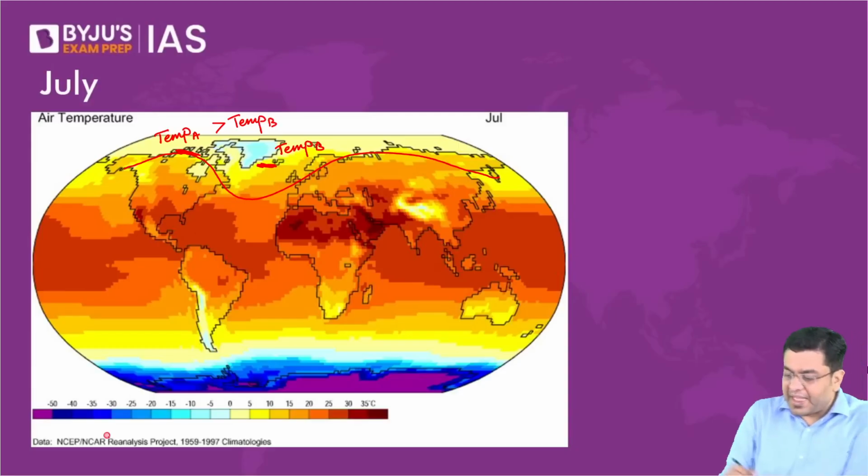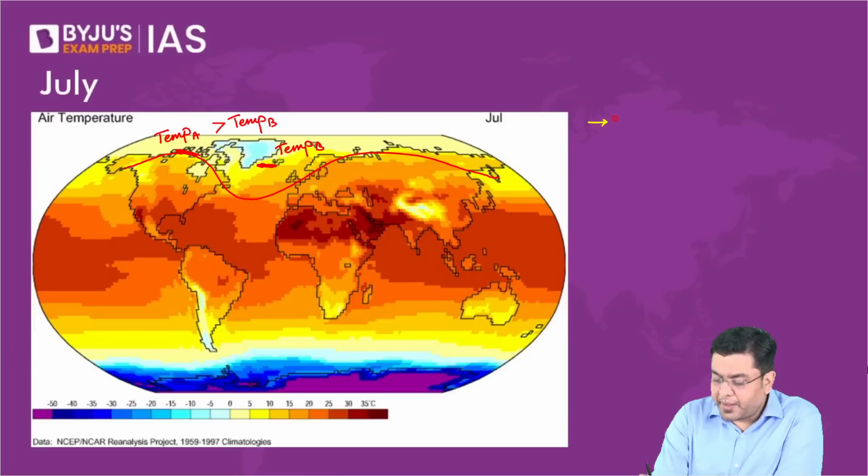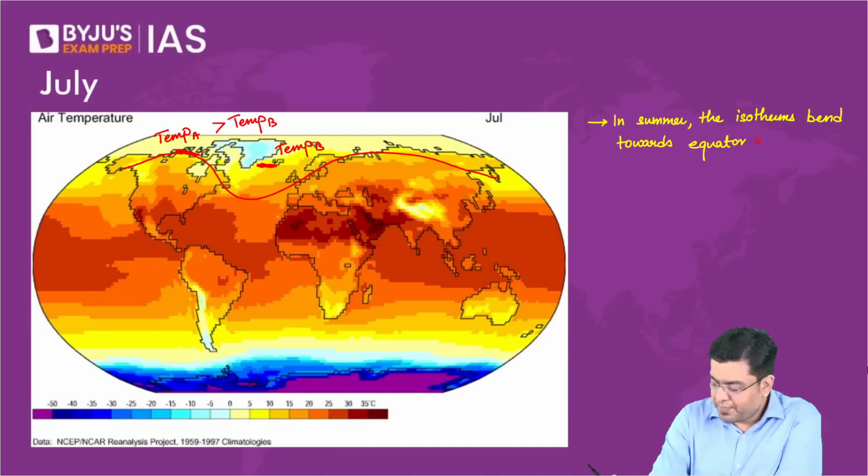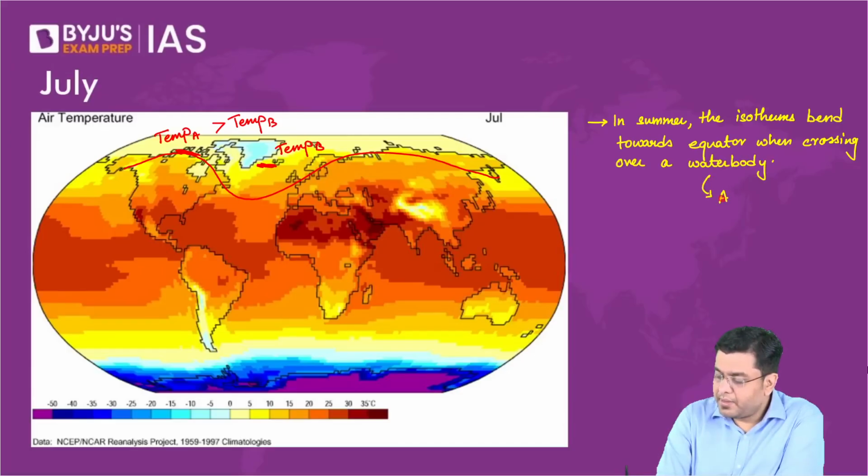So in this case, we can say that in summer, the isotherms bend towards the equator when crossing over a water body. Why? As water is cooler.